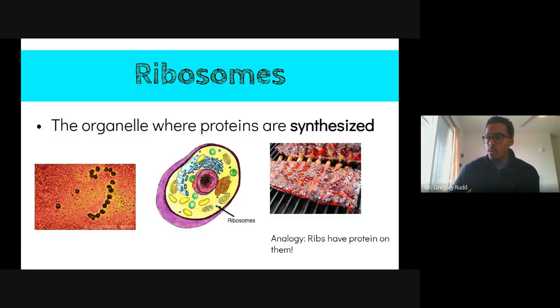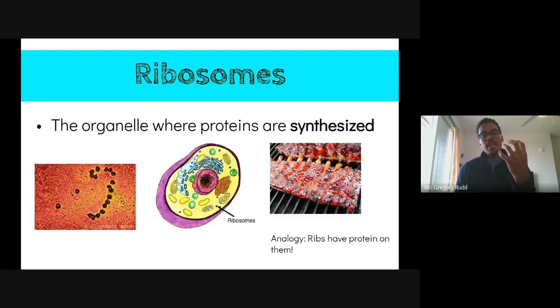But ribosomes are also really, really important, and they work hand in hand with the nucleus. The nucleus has the DNA, and remember, the DNA is the instruction manual to make proteins. The ribosomes are the organelles that are actually responsible for making the proteins.